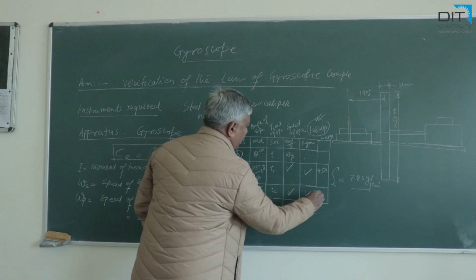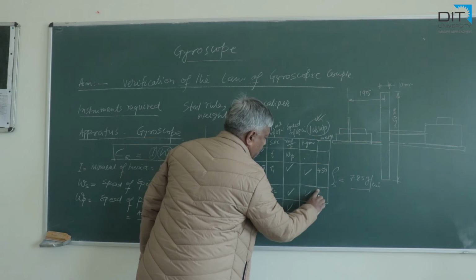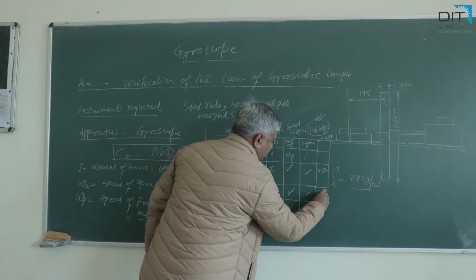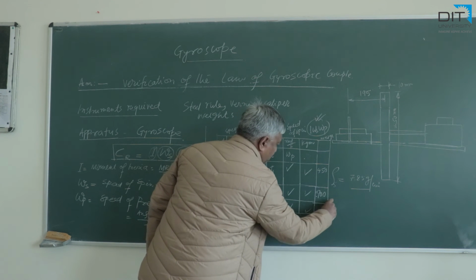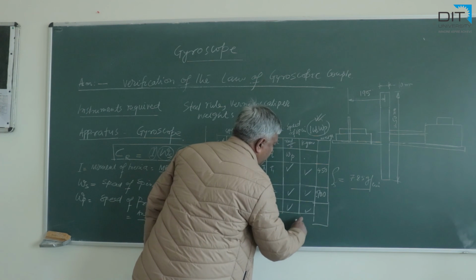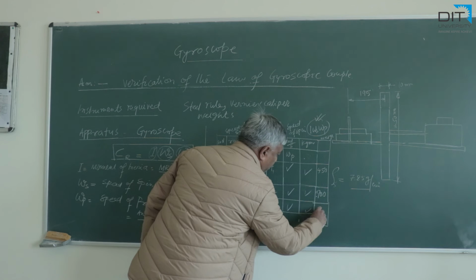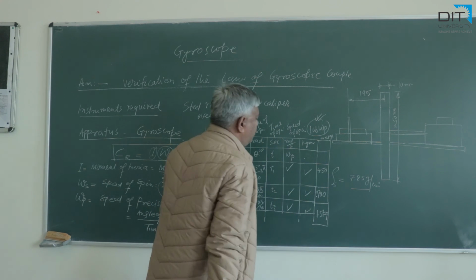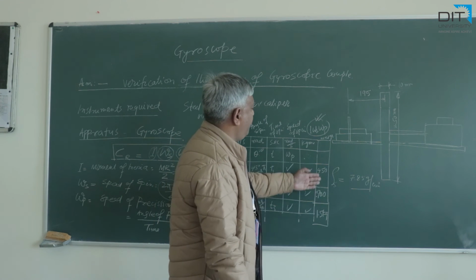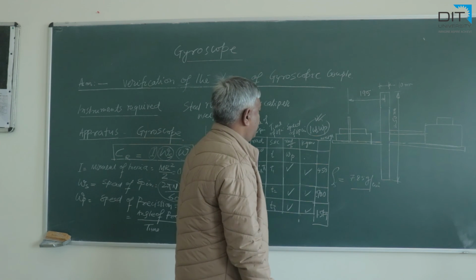In the second case, you are giving again, say 900 grams, so it comes as 0.9 kilogram. And in the last, you can give 1.5 kilogram. Any value you can put, because these dead weights are with you.